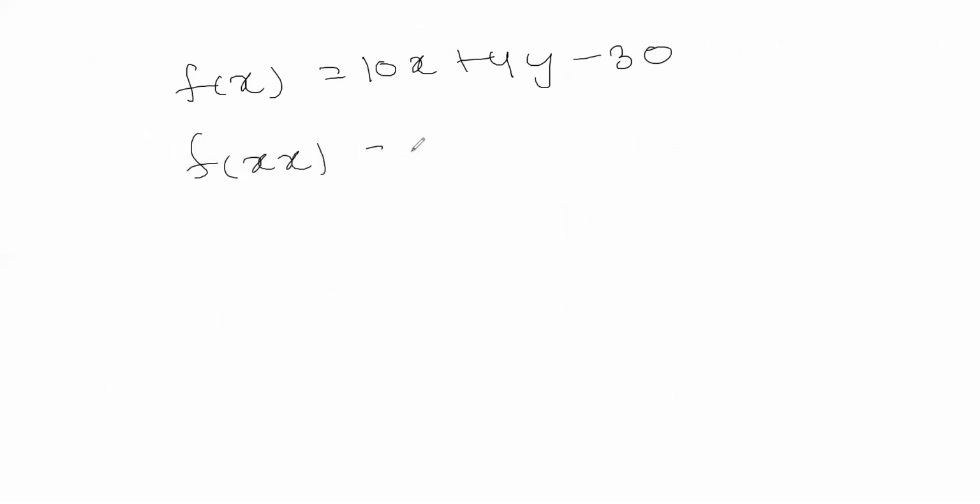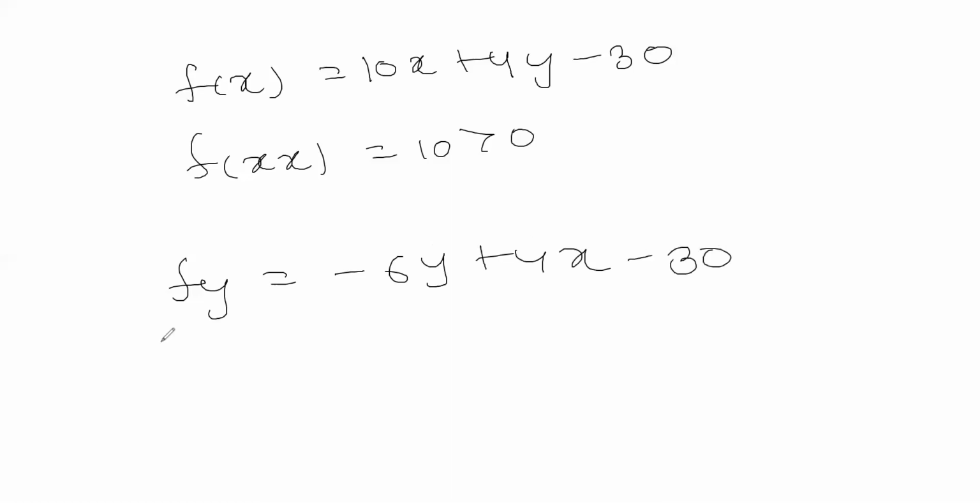So first order derivative f of x is 10x plus 4y minus 30. So f of xx is 10, greater than 0. F of y is negative 6y plus 4x minus 30. So f of yy is negative 6, which is less than 0.